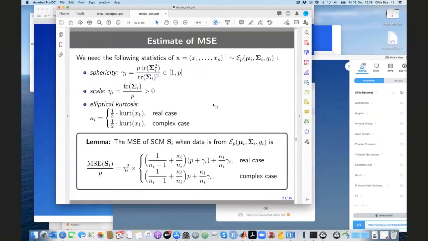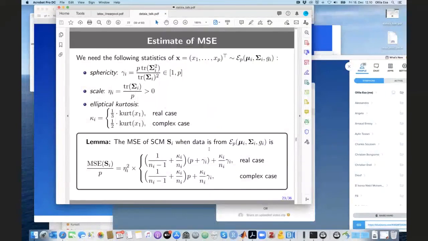We also need the scale, which is the mean of the eigenvalues of the covariance matrix. Then the third scalar parameter depends on the underlying elliptical distribution. It's called the elliptical kurtosis, and it's only a scaled version of the marginal kurtosis of the elliptically symmetric random vector. For example, if I had a priori knowledge that my data is from a multinormal distribution, then this kurtosis parameter would be equal to 0.